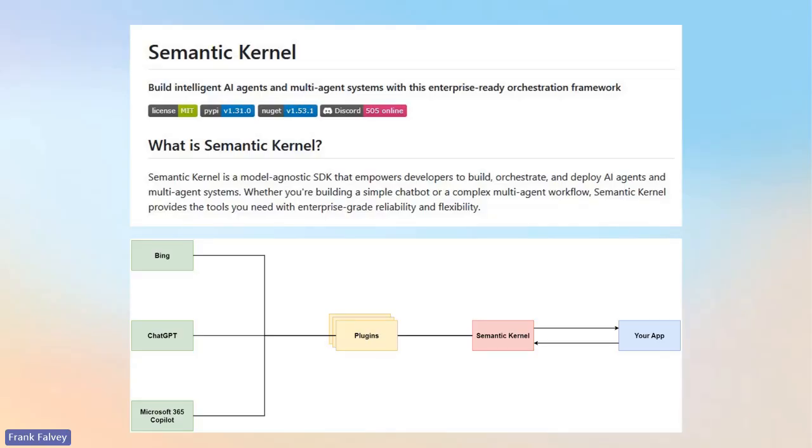So you can see all the different interfaces that you can use to integrate with semantic kernel. You can use Bing or whatever browser you prefer, ChatGPT. You can use the Microsoft 365 Copilot. You can use a range of all different plugins that you have in your own organizations, and then the semantic kernel will work with your app then.